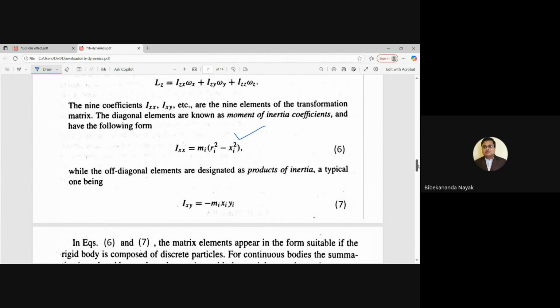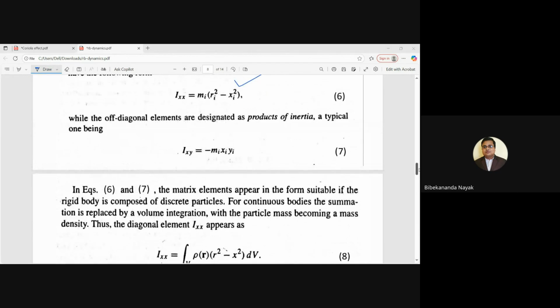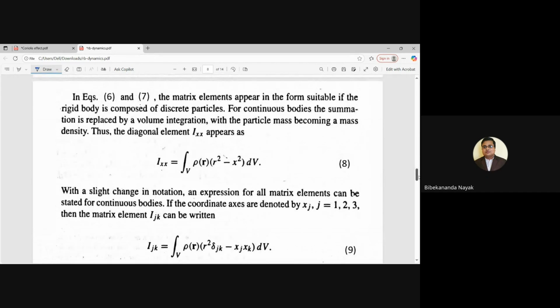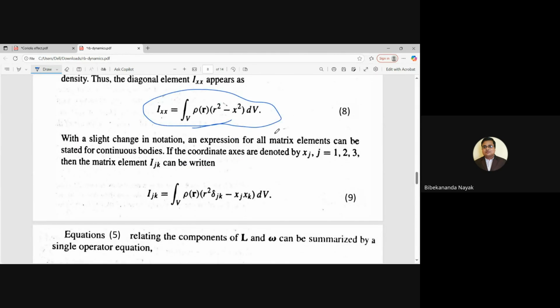If you take it for a continuous body, we replace the discrete summation by integration, and we use the density. So Ixx is equal to the integral of rho, density, which is mass per volume, times r square minus x square dv. For the continuous system, combining Ixx, Iyy, Izz, Ixz, Ixy and so on, I write one formula, because when j is equal to k, only two terms exist.